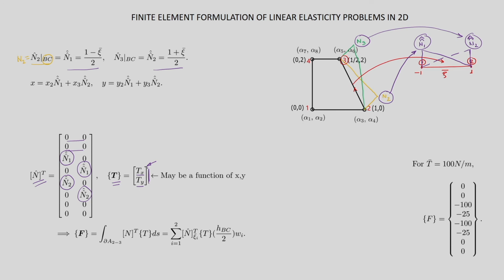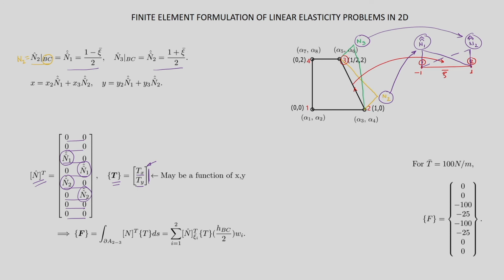The first two entries will be 0, the third entry will be N1 double hat into tx, the fourth entry N1 double hat into ty, the fifth entry N2 double hat into tx, and the sixth entry N2 double hat into ty, and the other two entries will again be 0. So we only have to integrate N1 double hat into tx, or N1 double hat into ty, or N2 double hat into tx and N2 double hat into ty. These are the things that we need to integrate.